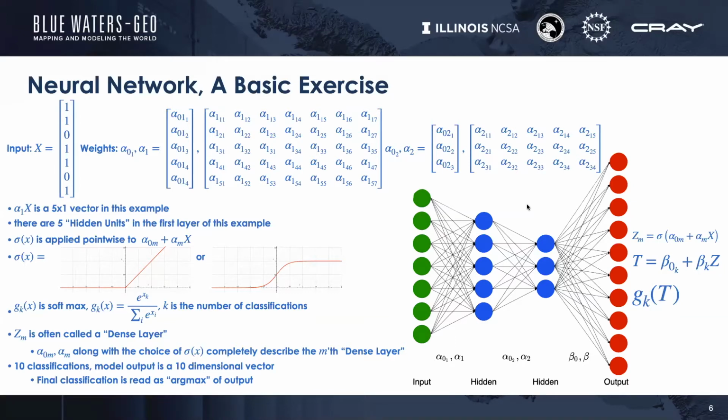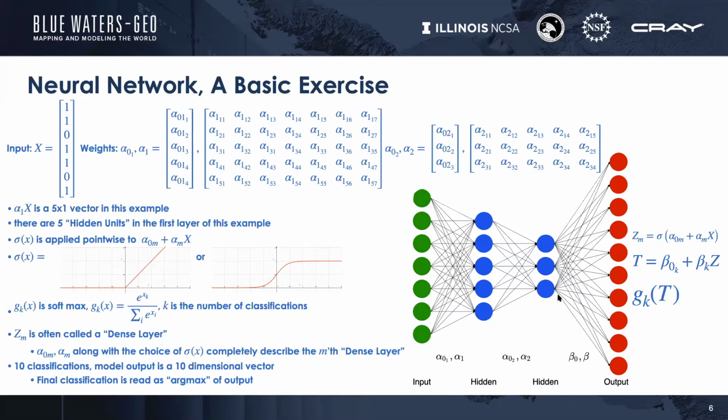And we want to take that vector and dump it into a classification bucket. Is that vector an Arabic 0? Is that vector an Arabic 1 or 2 or 3? So at the very output layer, we have 10 classifications, 0 through 9. So the output layer winds up being a 10-dimensional vector.